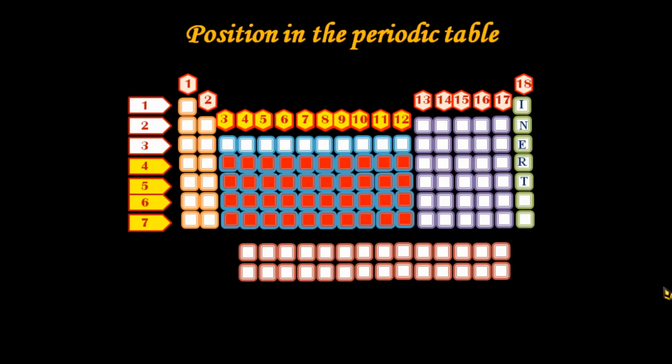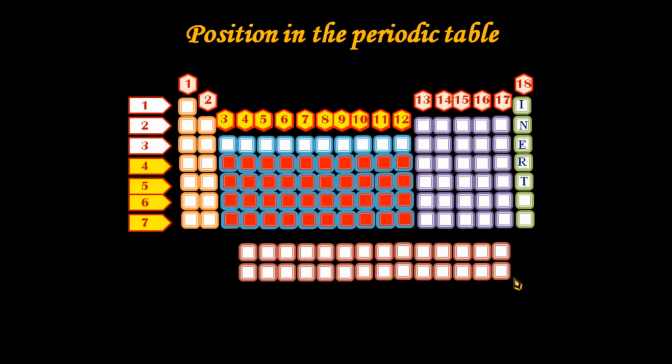Thus, there are 4 rows of the transition elements involving filling 3d. As we know, the d subshell starts from the third shell. So the electron of the first transition series enters the 3d orbital, the d orbital of the third shell, that means n-1 d.